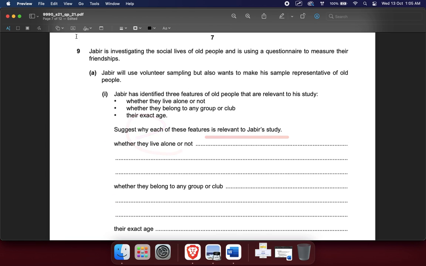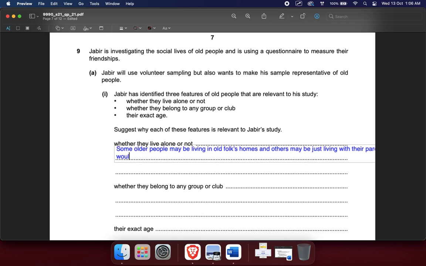So for example, whether they live alone or not, right? So some older people may be living in old folks' homes, and others may be just living with their parents or on their own.